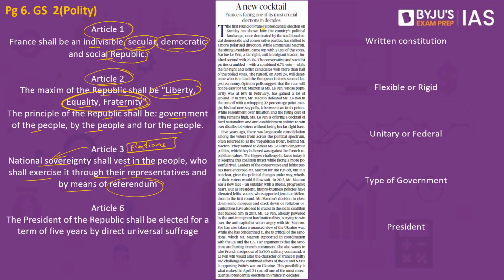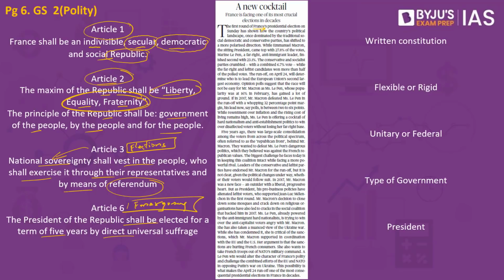Then we have Article 6. It says the President of the Republic shall be elected for a term of 5 years by direct universal suffrage, and whenever the president is elected, he will not hold office for more than 2 consecutive terms. At the same time, the president has also been given the power to impose emergency. When can the president impose the emergency?